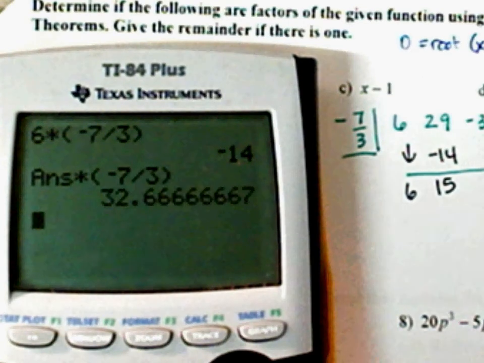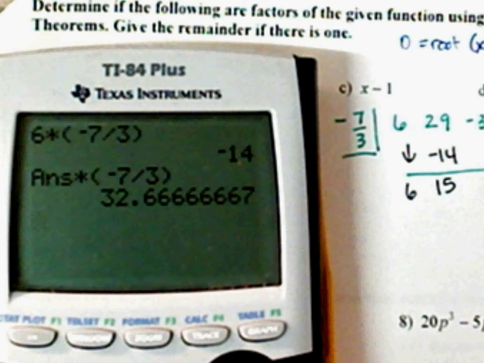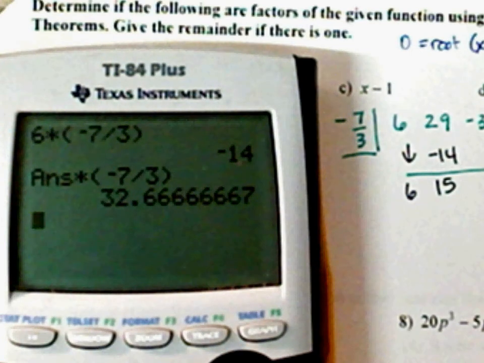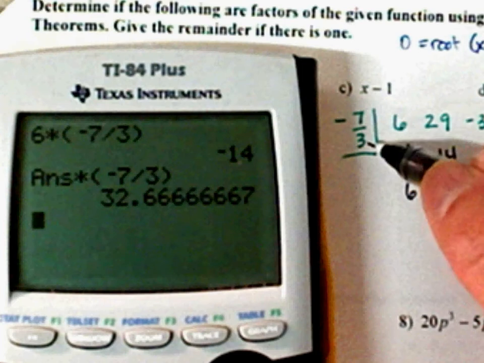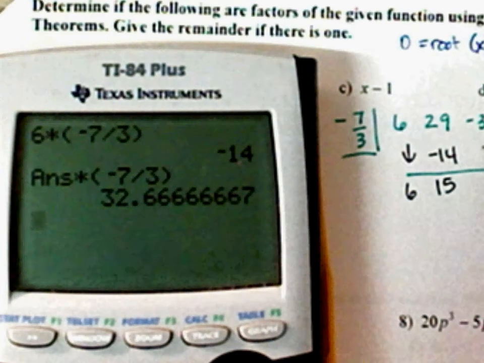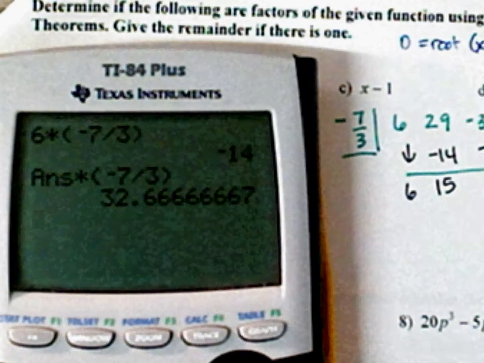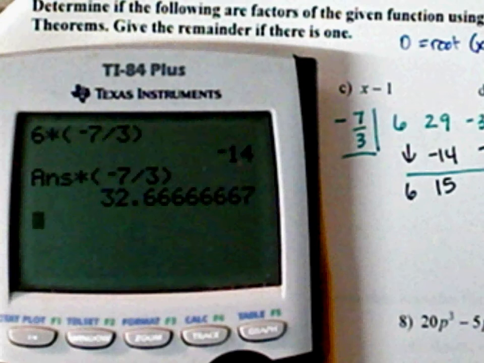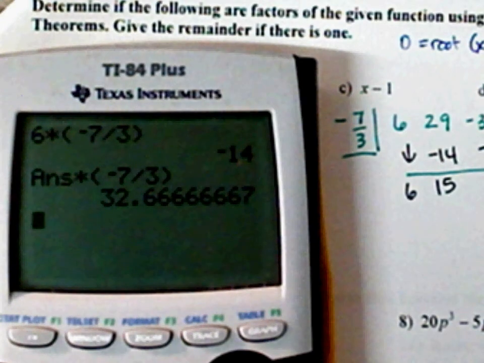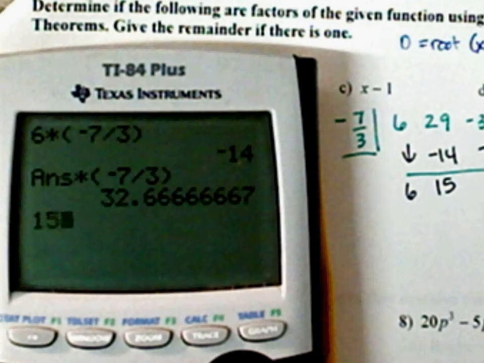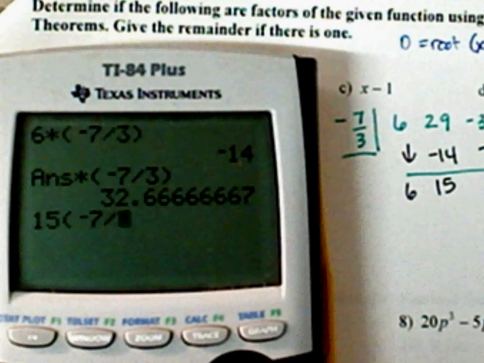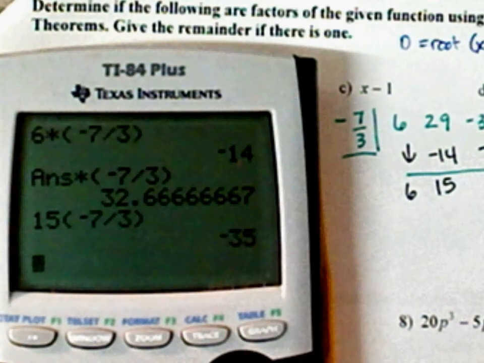That should give you 21. Something's not right with my math. 3, 15, that's 5. That should be -35. I think I typed that incorrectly. Oh, 15. Sorry. That's why it didn't work. Okay. -7 divided by 3. -35. There you go.